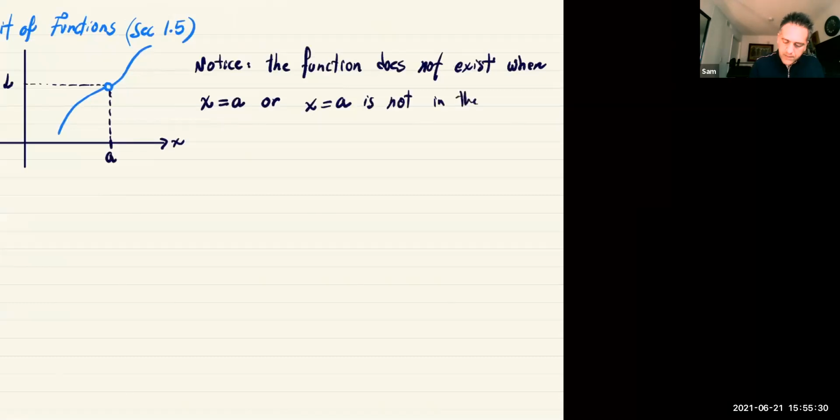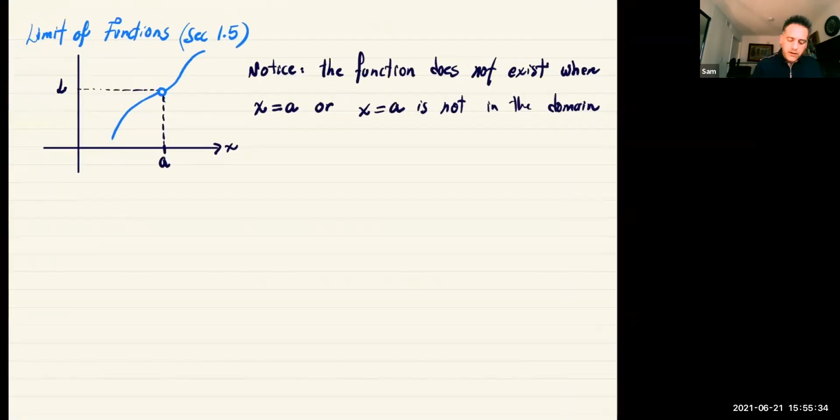Call this function f of x. The domain excludes A.